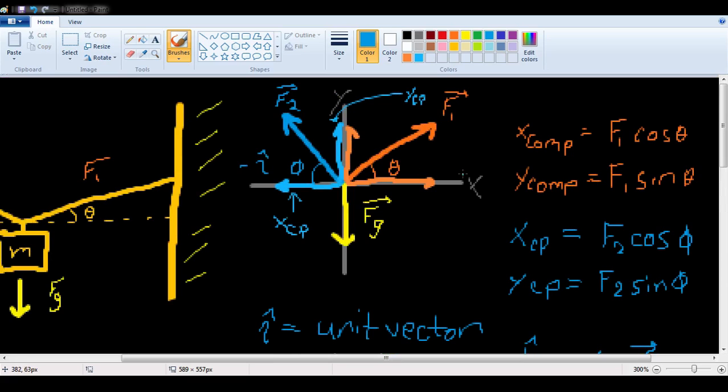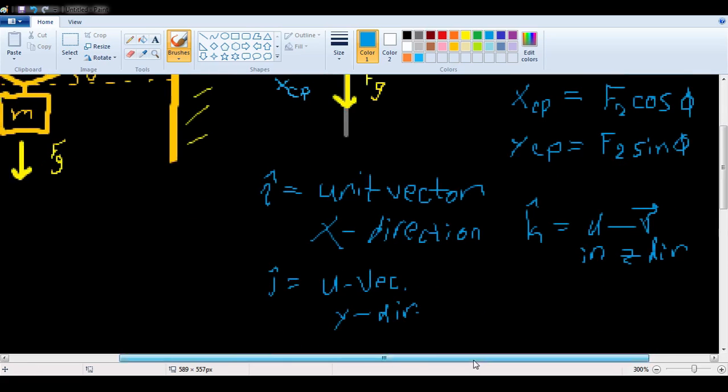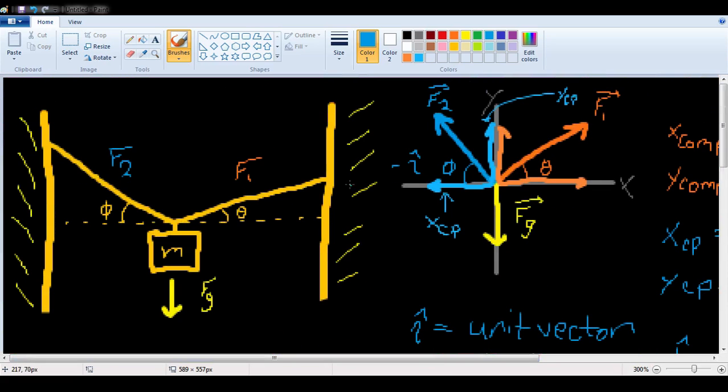Okay, so if you're trying to look for, say, the tension in one of these ropes, that's going to be the force. The force here is going to be your tension, because tension is a force, and so we can call this tension 2 and call this tension 1.